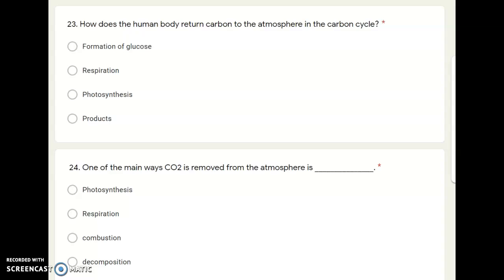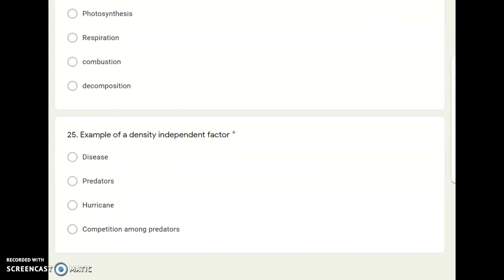Photosynthesis, respiration, combustion, or decomposition. Number 25, example of a density independent factor. Choice 1, disease. Choice 2, predators. Choice 3, hurricane. Choice 4, competition among predators.